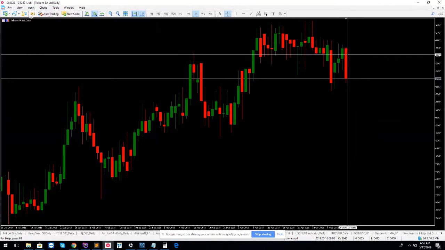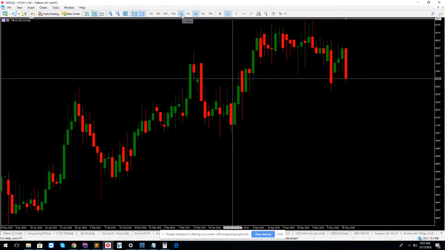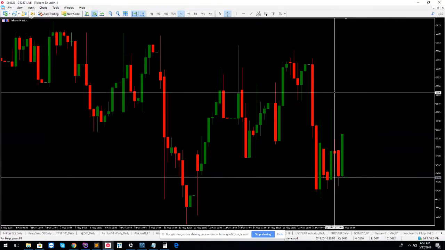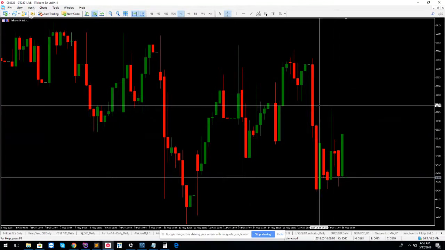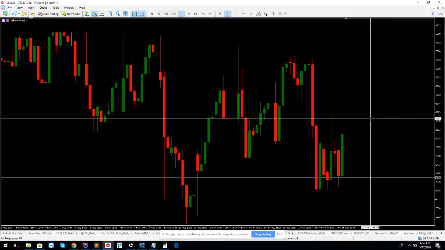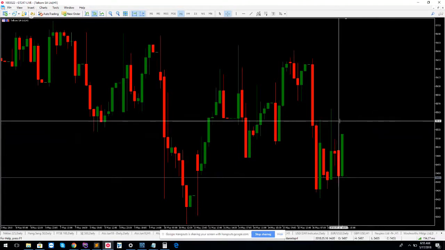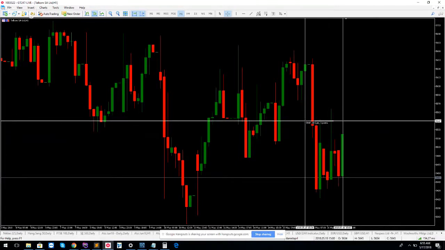So if I say I want to view that in an hour, then that should give us 8 candles. If we go here, you can see at the bottom we see the dates. And there they are, 8 bars.